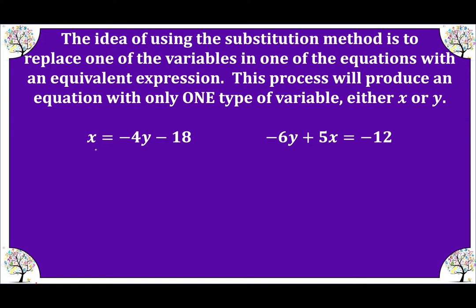So here we have x equals negative 4y minus 18. If this is what x equals, then we can substitute this expression in for the x variable in the other equation. So we're going to rewrite, and we have negative 6y plus 5, and instead of x, we're going to put what x equals from the other equation.